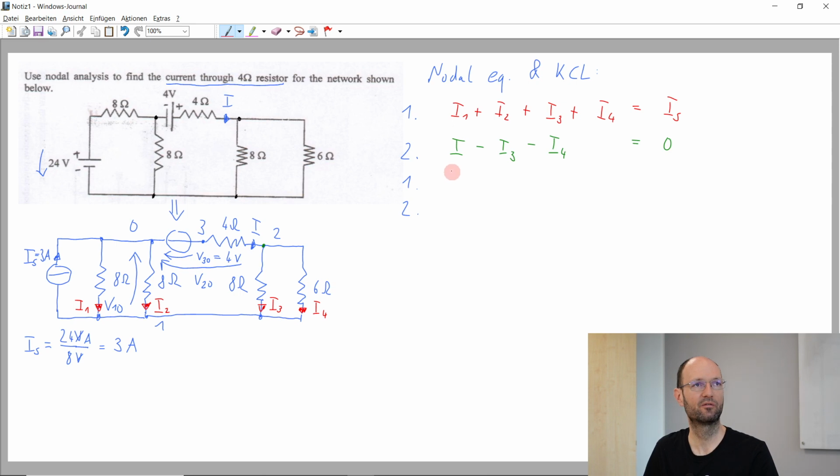So here we have V12 divided by 8 ohm. This is this current, but with a minus because current and voltage are pointing in opposite directions. So here across this resistor we have the very same voltage, so minus V12 divided by another 8 ohm.